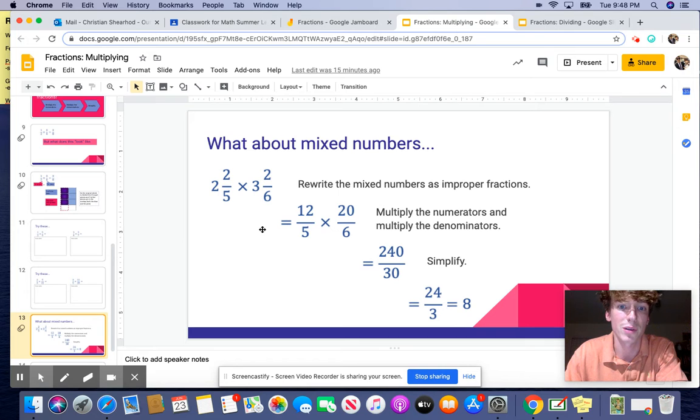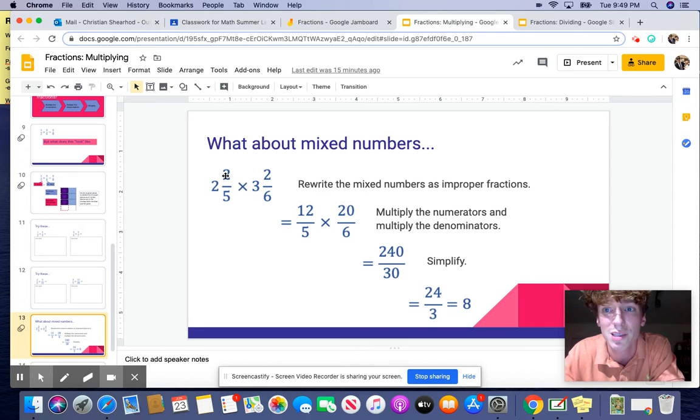What about mixed numbers? Okay, when we did addition and subtraction, we did them separately. We can't do that this time. So what we do is we make them back into improper fractions, then do the process of multiplying across the top, across the bottom. So we took this 2 times 5 and then added it to the top.